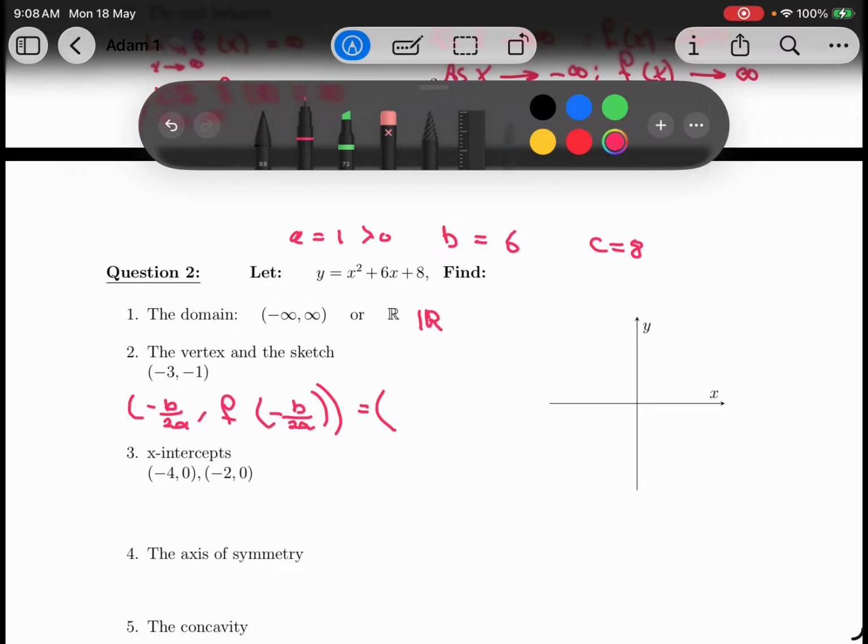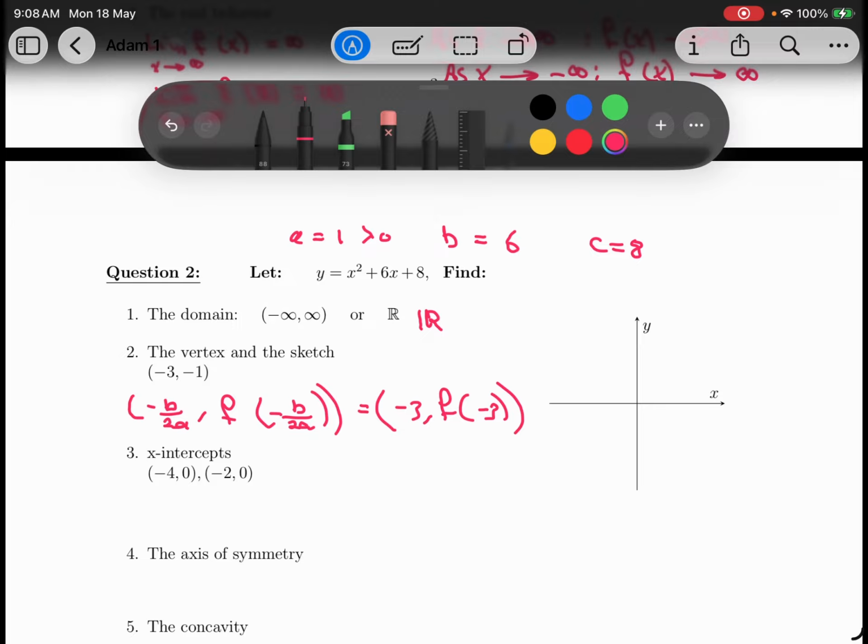So it's simply minus 6 over 2, which is minus 3, along with f of minus 3. Of course you can use your calculator to find f of minus 3, but even if you use your calculator, you have to write it in the correct way.